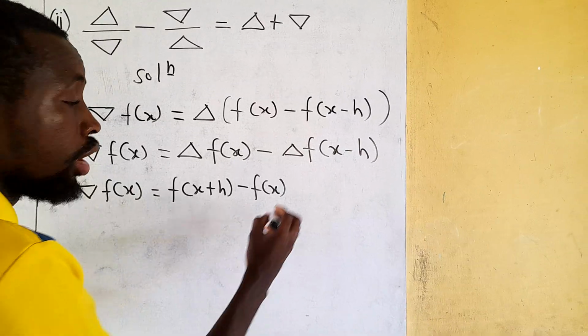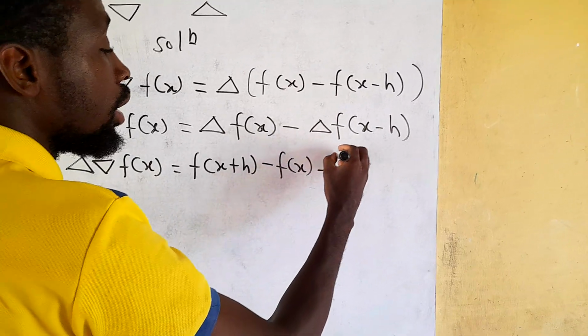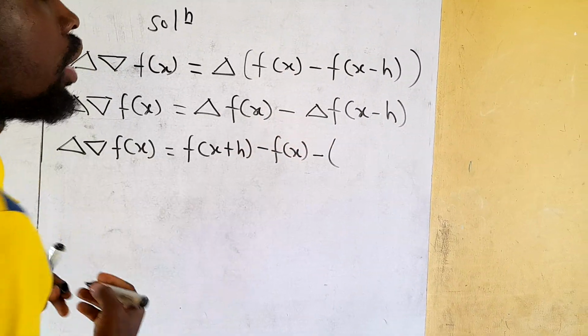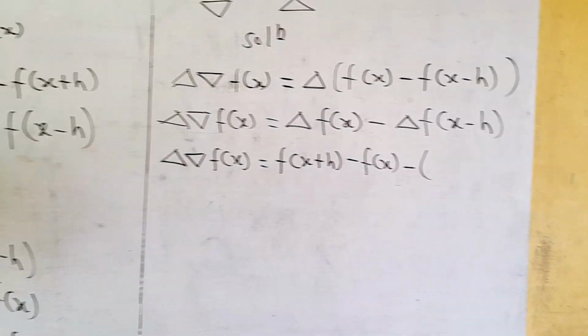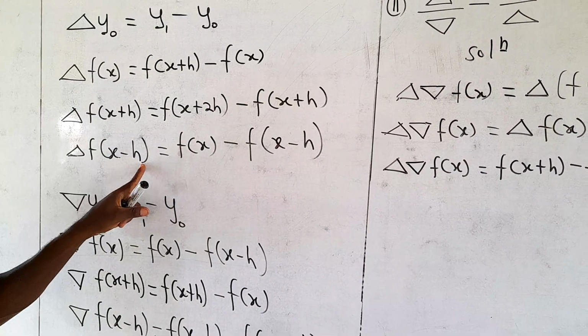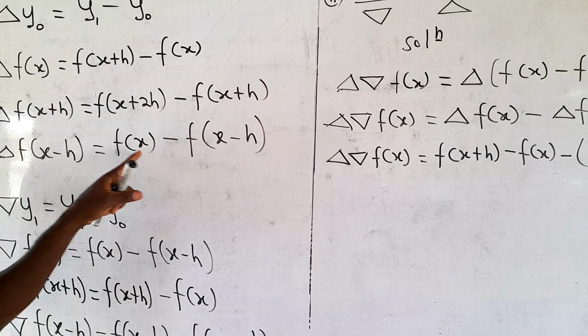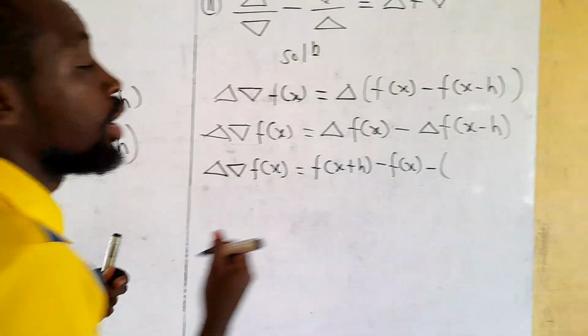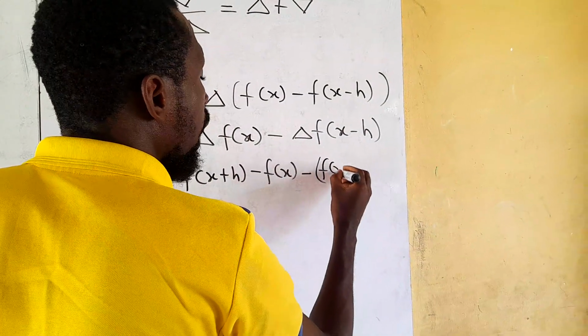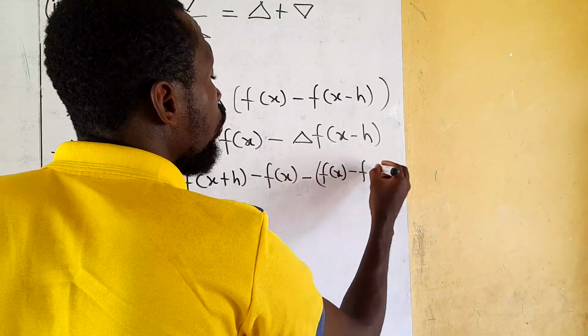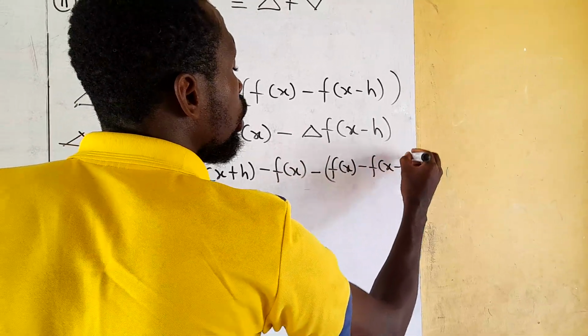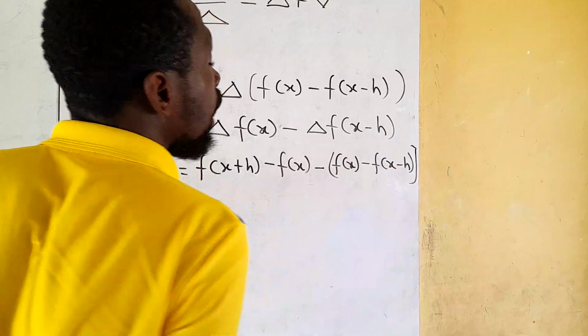I hope you get that. Then minus, what is nabla, a delta of a function x minus h? Delta of a function x minus h is a function that is greater than it minus a function. So f of x minus f of x minus h. So say f of x, then minus f of x minus h. I hope you are getting that.